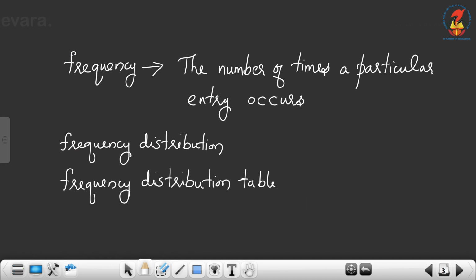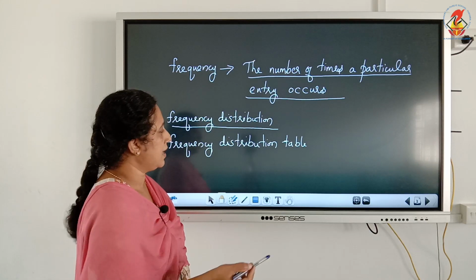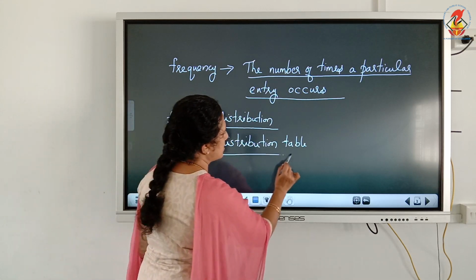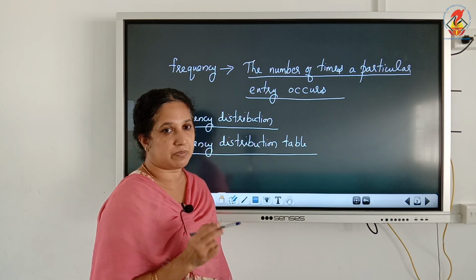Frequency means the number of times a particular entry occurs. The given distribution we can call a frequency distribution, and the table made is known as a frequency distribution table.